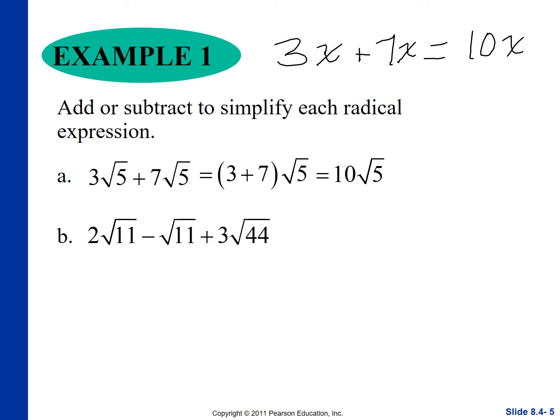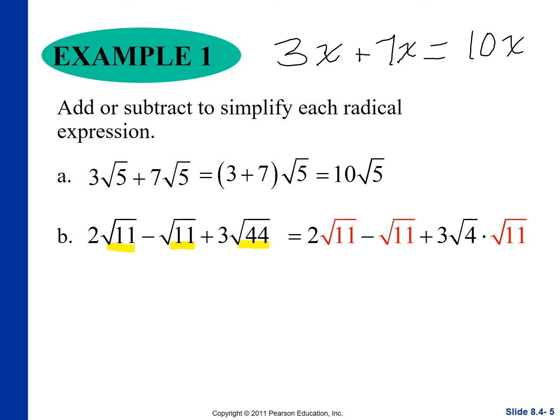Okay, it's not that difficult, but now we throw a little extra in there. We've got 2 square root of 11 minus square root of 11 plus 3 square root of 44. This ought to be a clue that we have to factor out a perfect square. The perfect square in this case is 4.